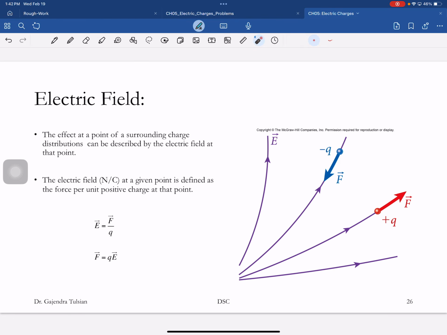So the field lines are like that. A positive charge placed will feel a force tangent to the field line, and a negative charge will feel a force tangent to the field line but in the opposite direction. The force felt by a test charge in the electric field is given by that.